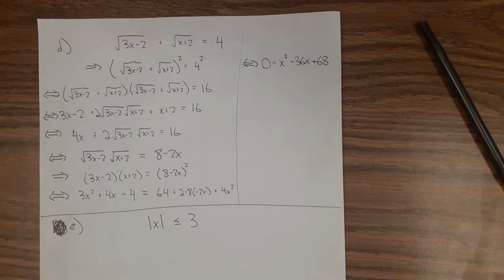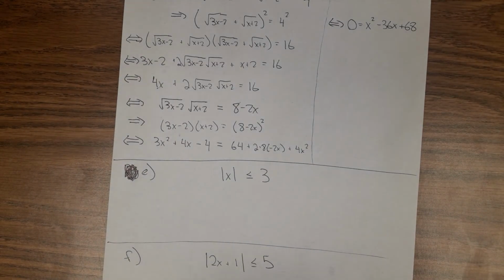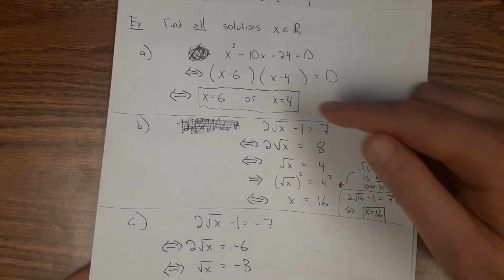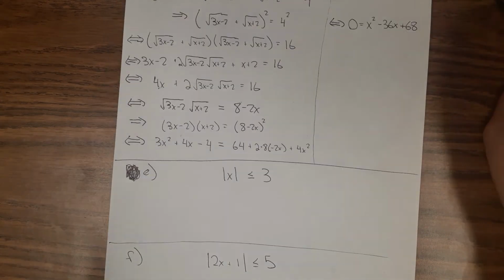Okay, so where are we now? Well, the good news is we have no more square roots. That's great news. And in fact, what we have now is a lot like the first one we did. This is just a factorization problem.